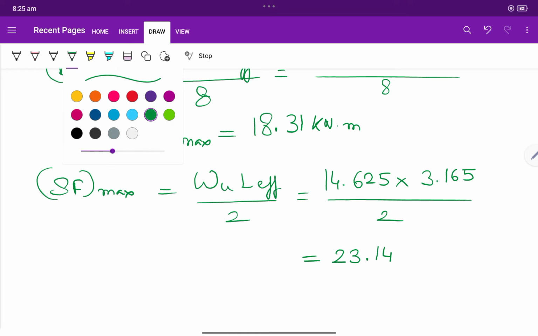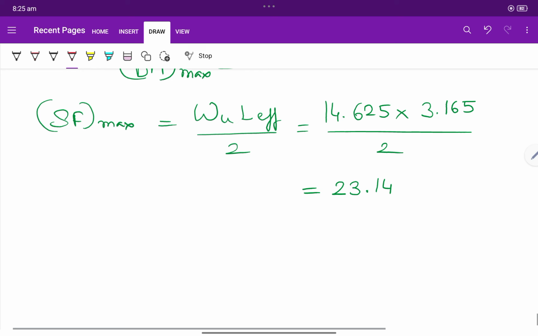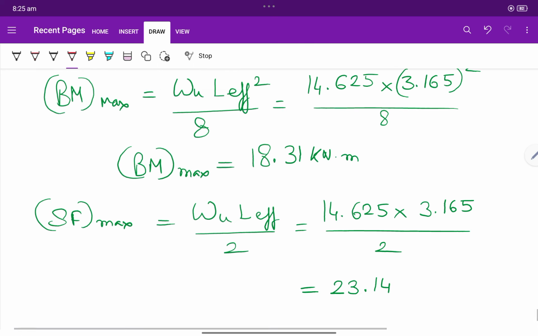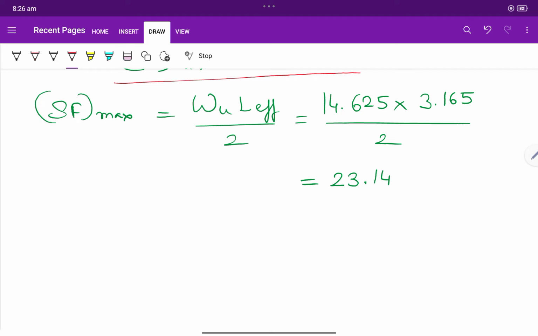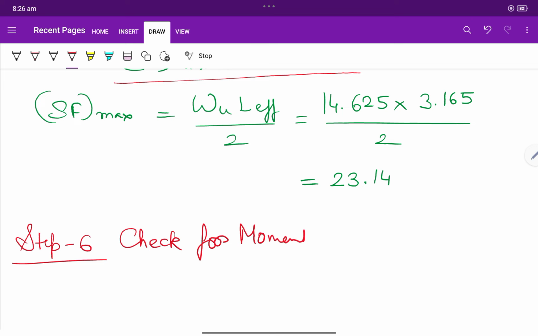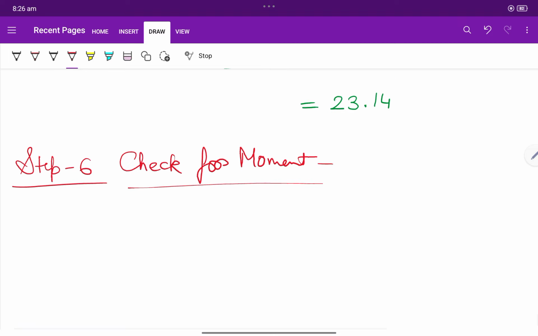Now we will calculate for this moment. So step 6 will be check for moment. Mainly in this check we will get the d value.